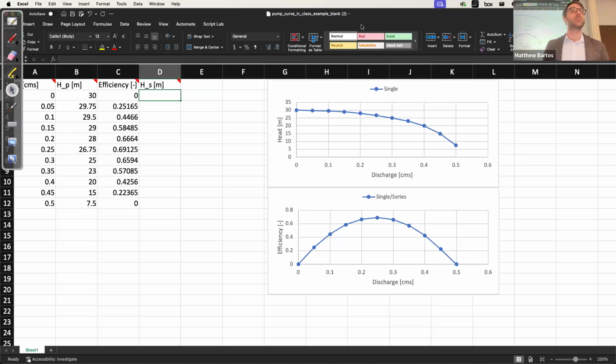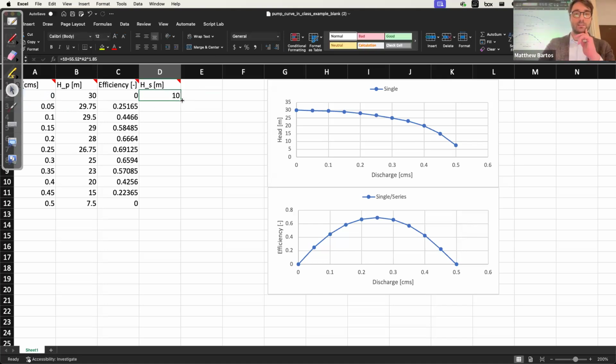What's our static head requirement? 10 meters plus, and then what is our expression for the head losses? Just give me a number. 55.52 times the flow rate to the 1.85 power.